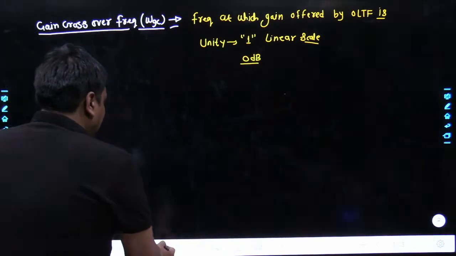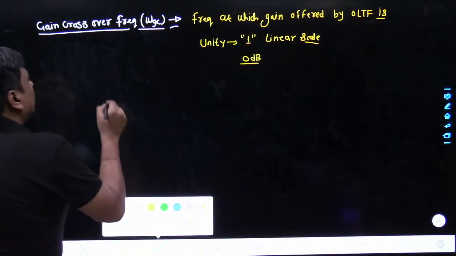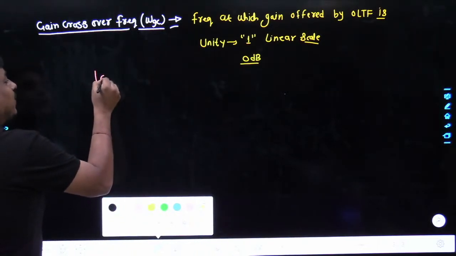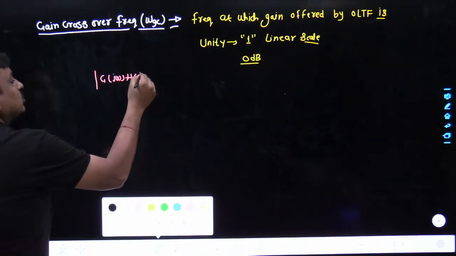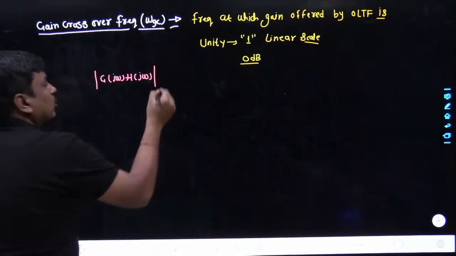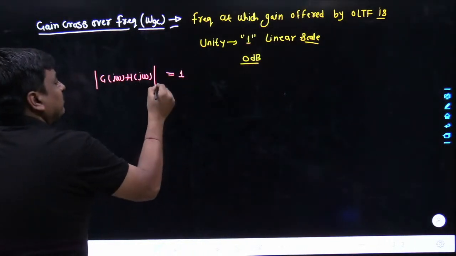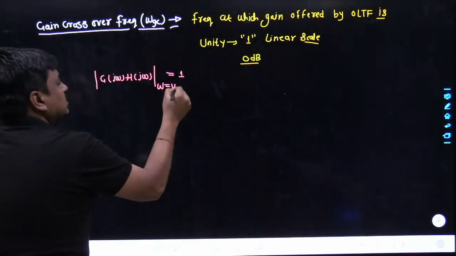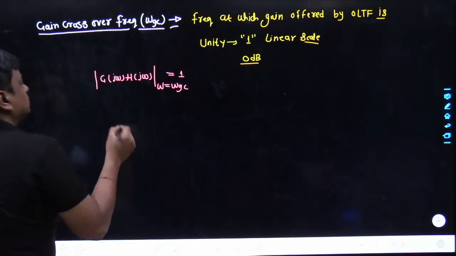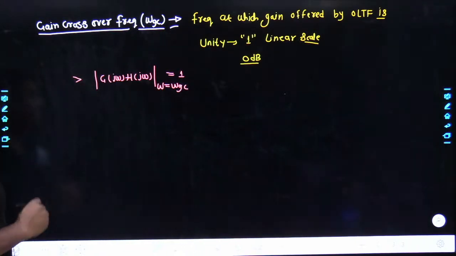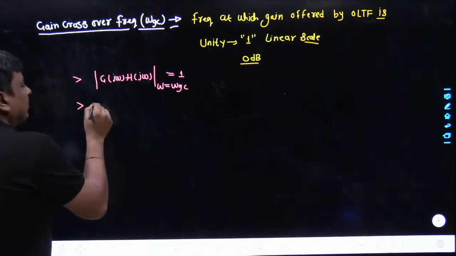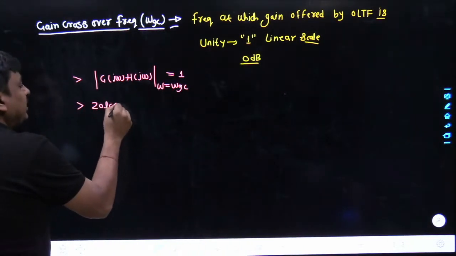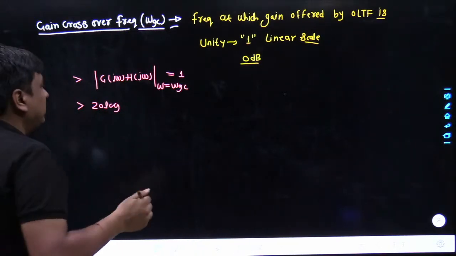Anyways, mathematically how can I write this? The gain offered by the OLTF in frequency domain precisely goes to 1, that operating frequency omega is called omega GC. You can write this as a first definition. And similarly, the magnitude offered by the OLTF precisely becomes 0 dB.